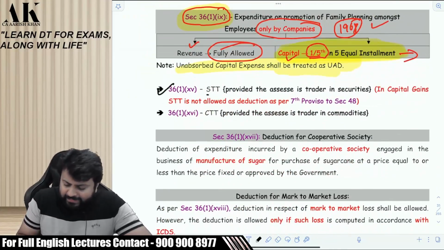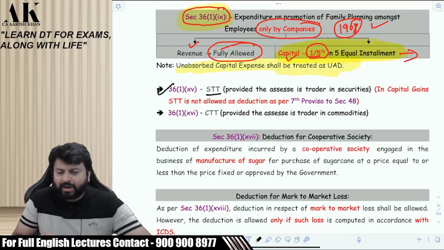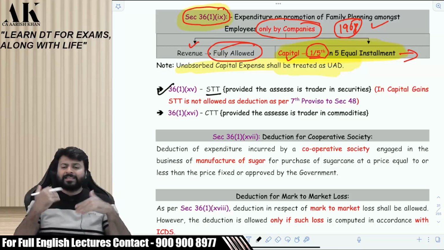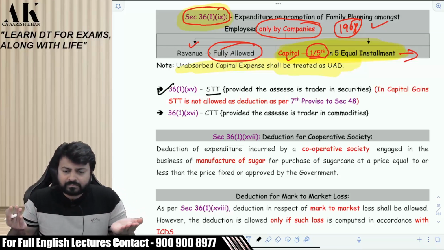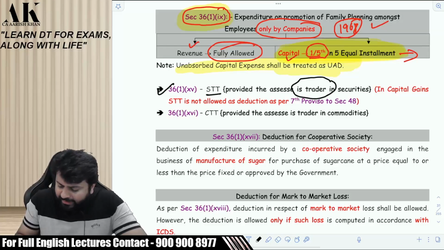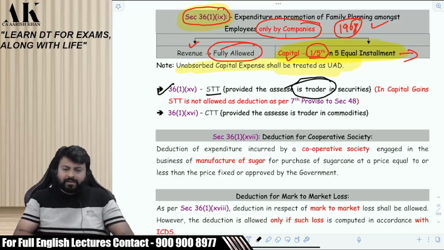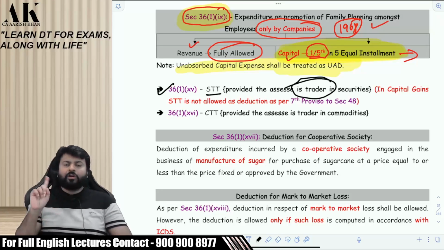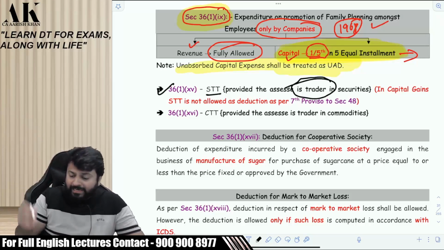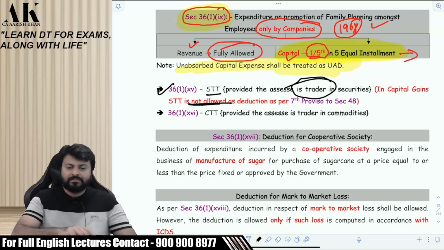Next one, STT, securities transaction tax, will be allowed as deduction. Why is securities transaction tax imposed? Because you buy shares and sell shares. That is allowed as deduction. Underline, only if you are a trader in securities is it allowed. If you are not a trader in securities, then it is not allowed. In capital gains, as you might have done in CA Inter, STT is not allowed as deduction.